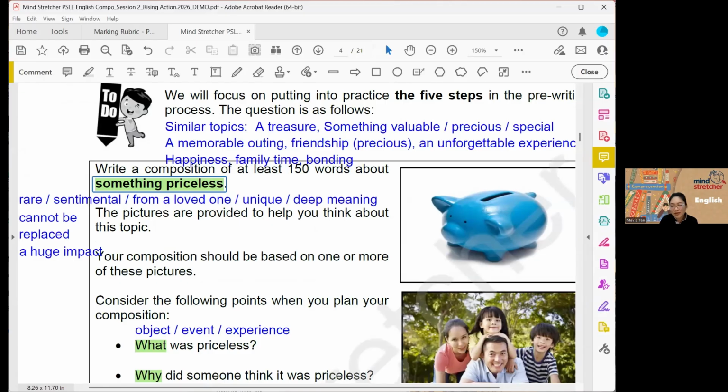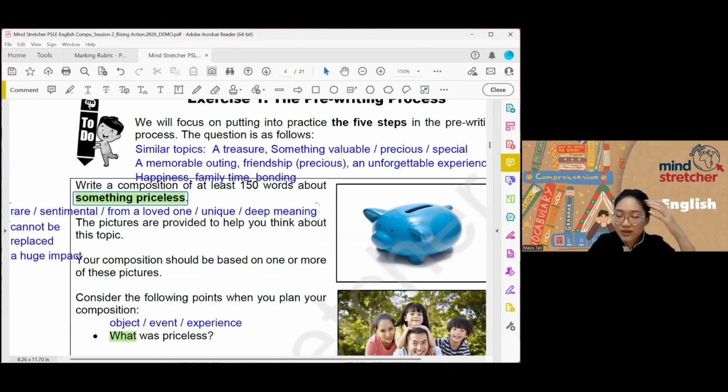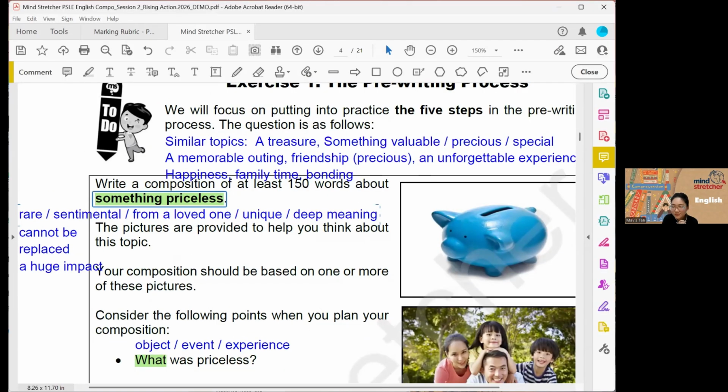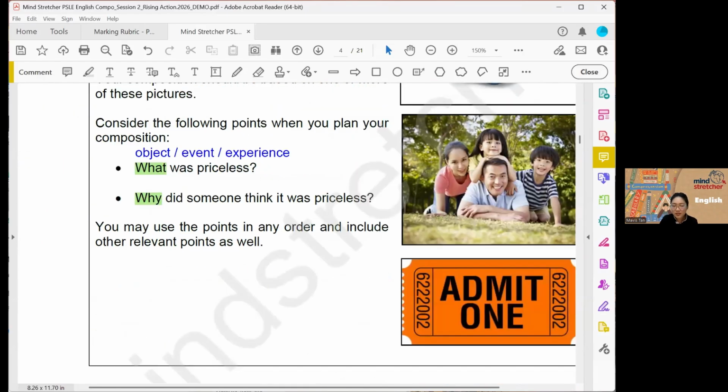So when I see something priceless, a lesson learned is not the first thing that comes to my mind. All these other things that all of you mentioned will be the first things that come to my mind. Naturally, we link them up, we associate them. All right. So these are two things that we want to consider.